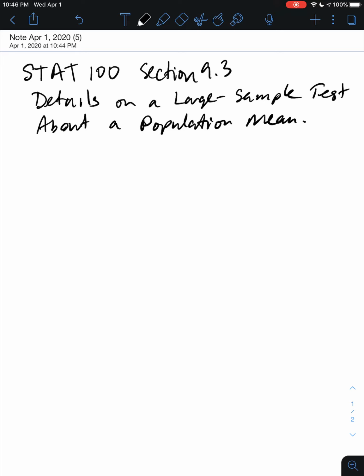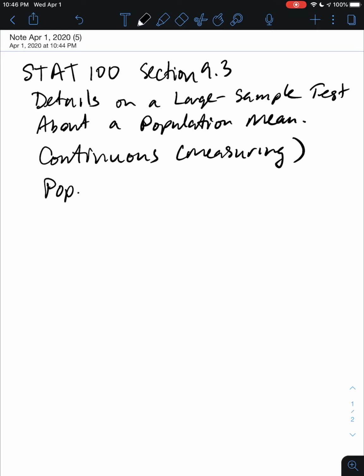In particular, the situation we're going to look at is continuous, and that means measuring as opposed to counting. So there is a population mean, mu, and a population standard deviation, sigma, neither of which we really know.